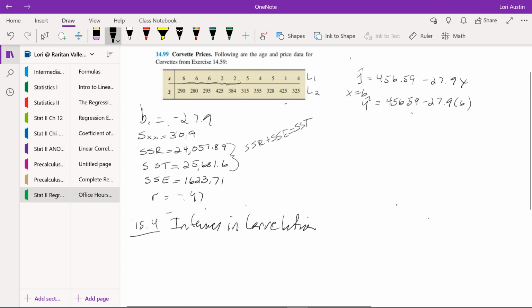What we're looking at, we're kind of forgetting the regression line for a minute, and we're going to look at just these two variables. Are they correlated with each other? That's what we're looking at in 15.4. But yes, it is another way to determine how useful one is in predicting the other. We're just changing the way we think about it a little bit. So the equation changes a little bit.